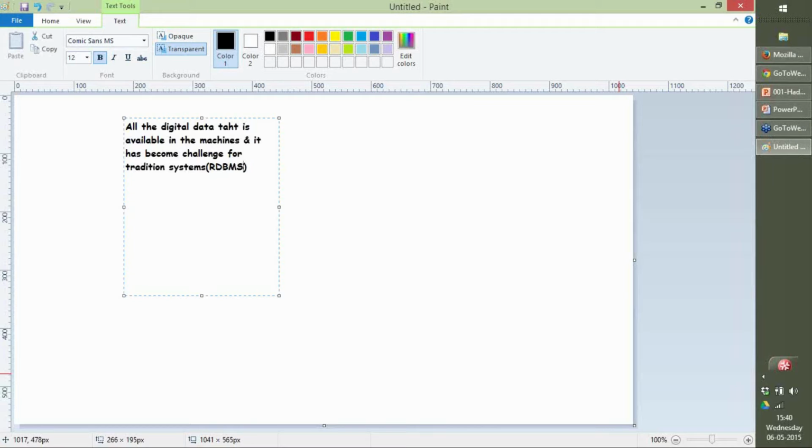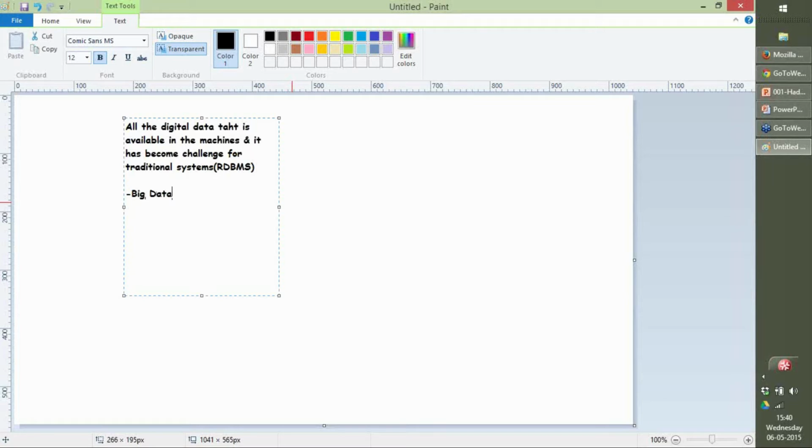Currently we are using RDBMS, like Oracle or SQL Server, and big data has become a challenge for these systems. I can easily process structured data with RDBMS. Can I process unstructured data with RDBMS? It is not easy. That is why this has become a challenge for the traditional system. So we call this big data.